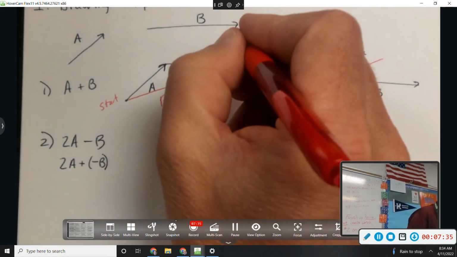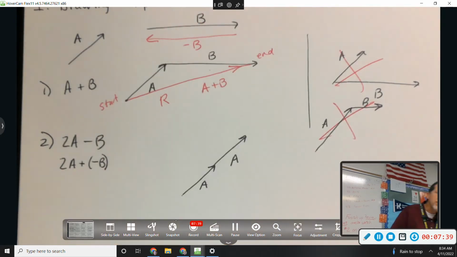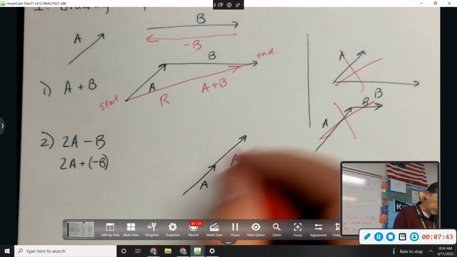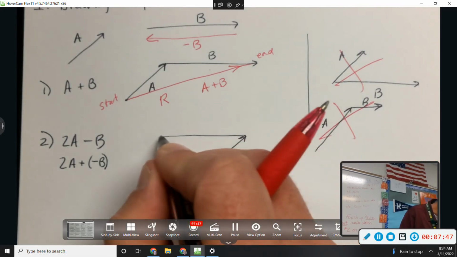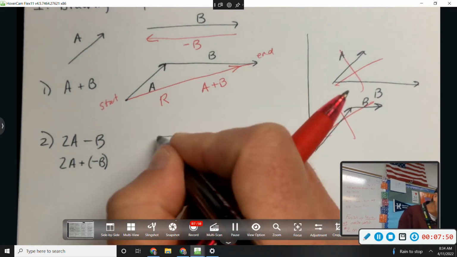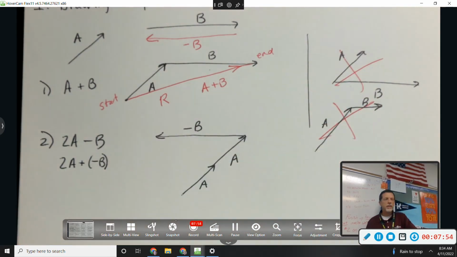Some people, it helps them to draw the negative one right underneath or next to the positive one. So there's negative B. So I'm going to go two A's and then a negative B. Again, the length doesn't have to be perfect, but it needs to be in the ballpark. So 2A and then negative B.